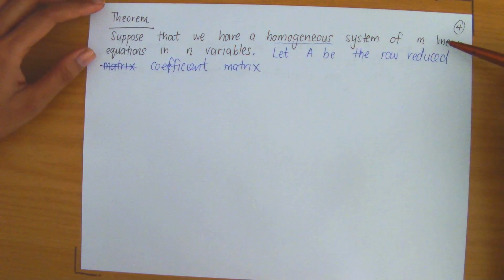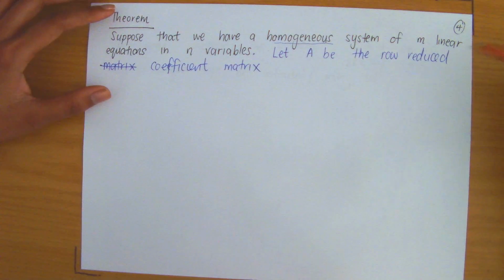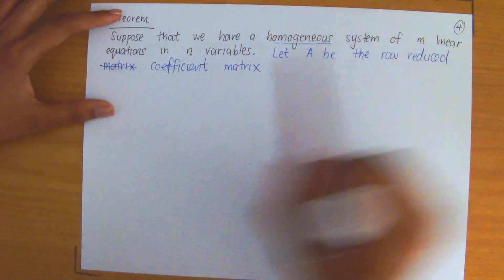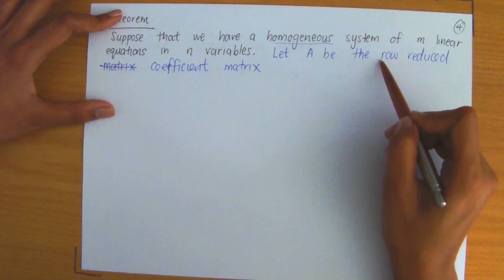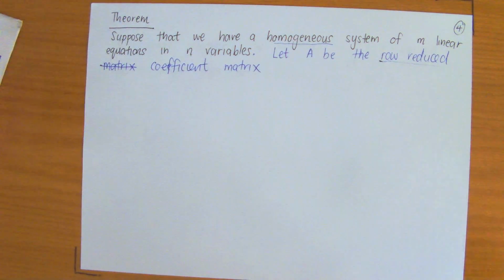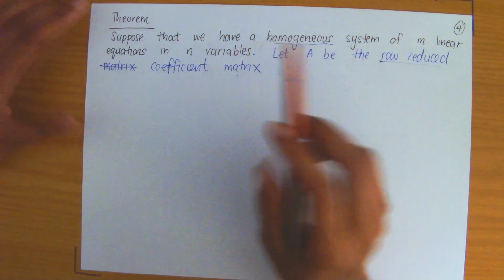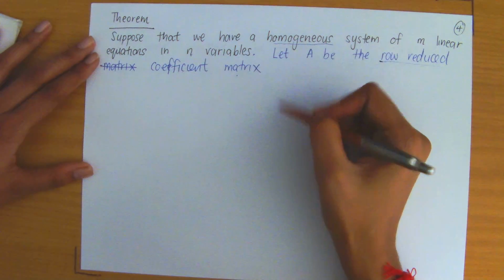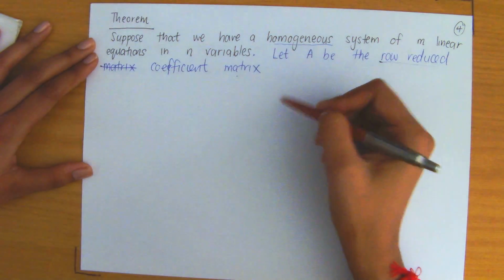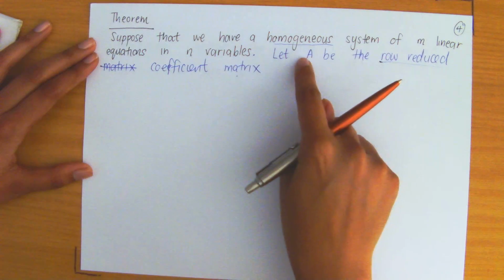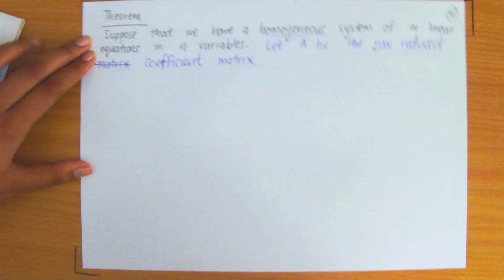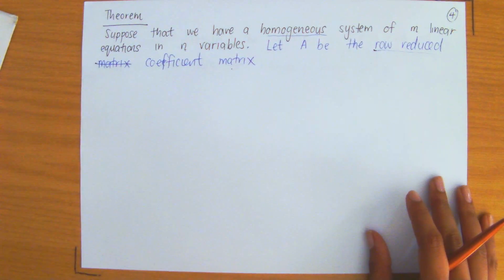So remember, if you have a system of m equations and n variables, then you can write down its coefficient matrix, right? And thereafter we apply row operations to it until we obtain something in row-reduced form. And that is the procedure that you use when you are solving a system in any case. You write it down in augmented form, but remember that the coefficient matrix is always written on the left of the straight vertical line, which represents equality. So you are in fact row reducing the coefficient matrix. So if we let A be the row reduced coefficient matrix, then we can now state the following.